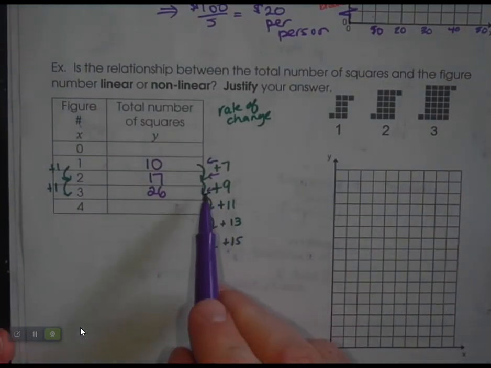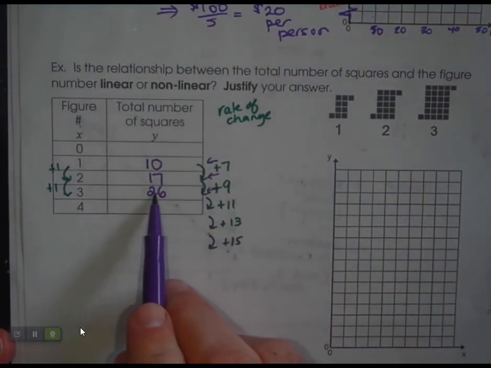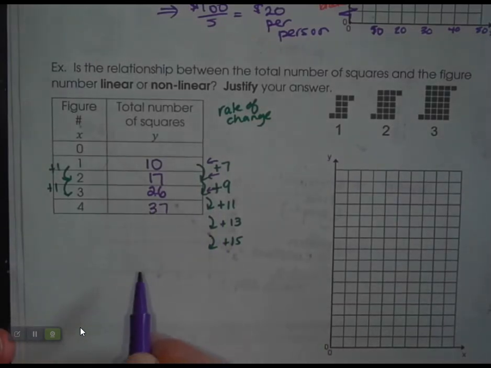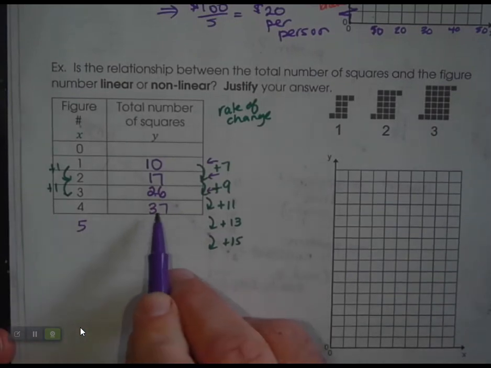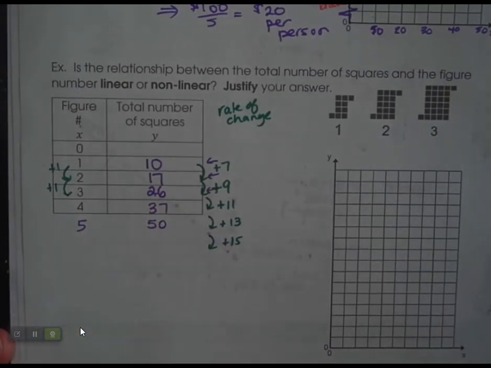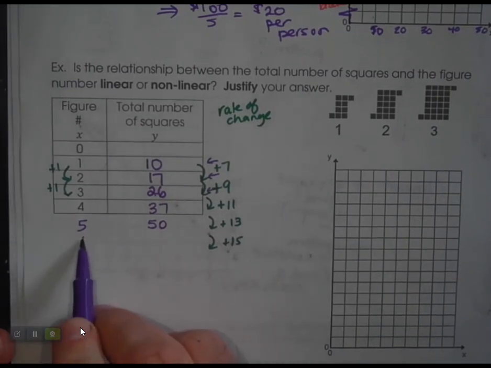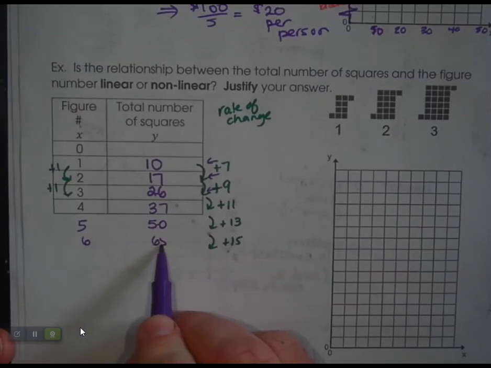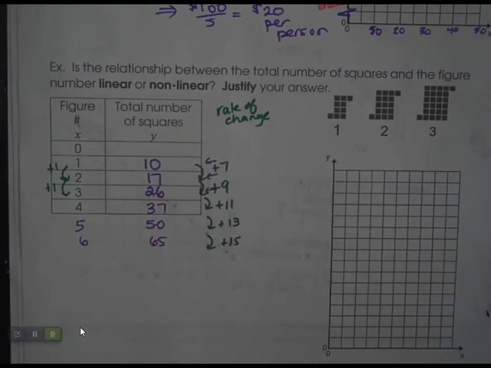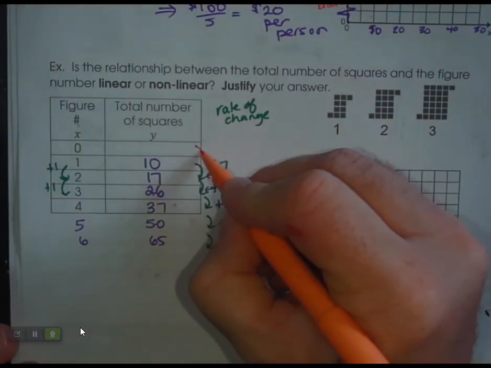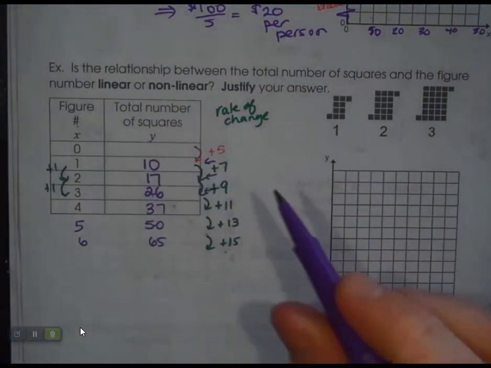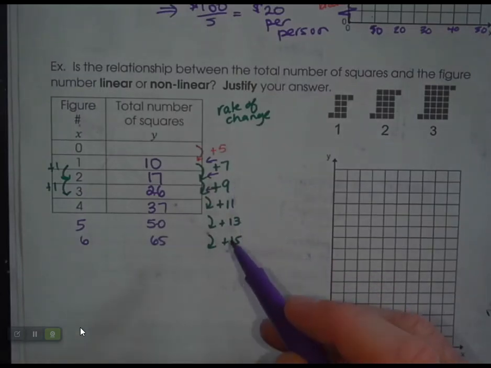And then I can go back and say to myself, well, 26 add 11, that is 37. And then I can go 37, add 13, I get 50. And 50 plus 15 is 65. Likewise, you could ask yourself, I probably added 5 here because these are all changing by 2.